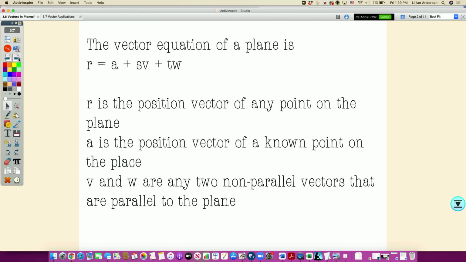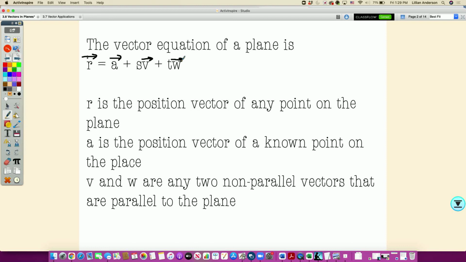So the vector equation of a plane is vector R is equal to vector A, which is essentially your position vector of a known point that's on the plane, similar to what it was for lines, plus S times vector V plus T times vector W. S and T serve as scalars, just like what lambda did when we were talking about the vector equation of a line.